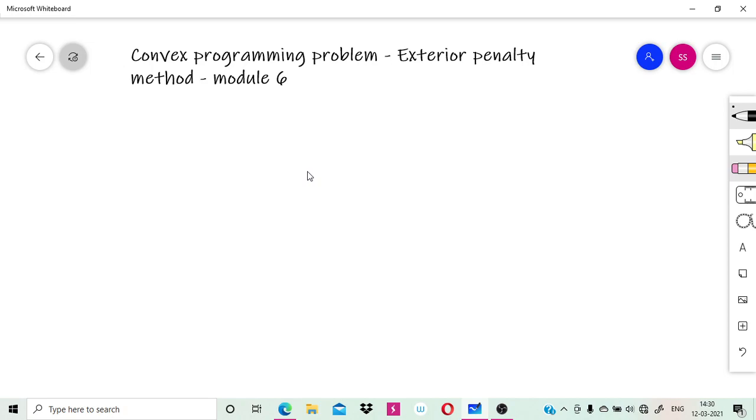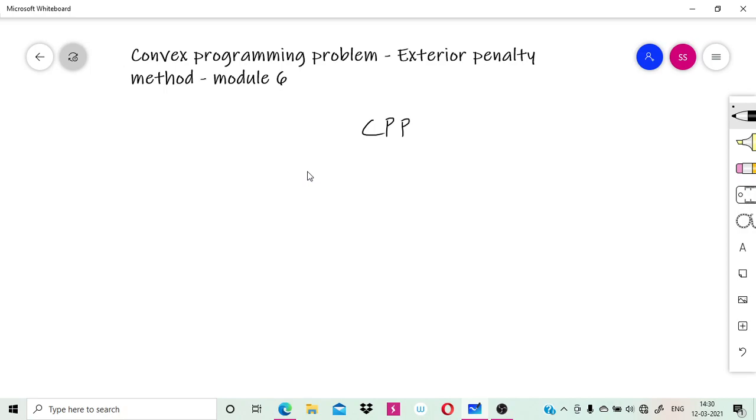So module 6, convex programming problem, CPP. In that we will discuss one method, the exterior penalty method, to solve the convex programming problem. With an example, we will solve it.